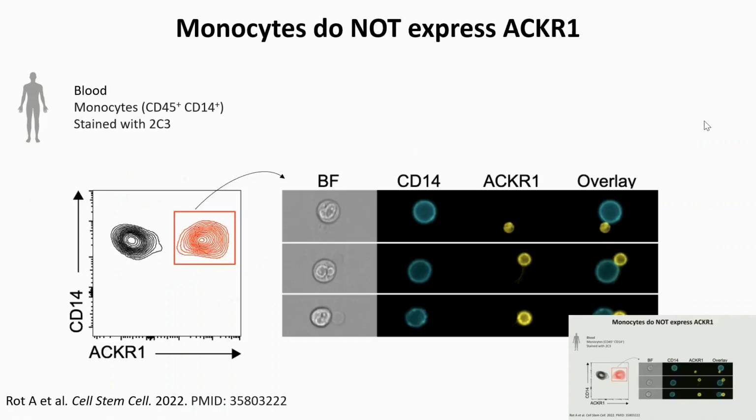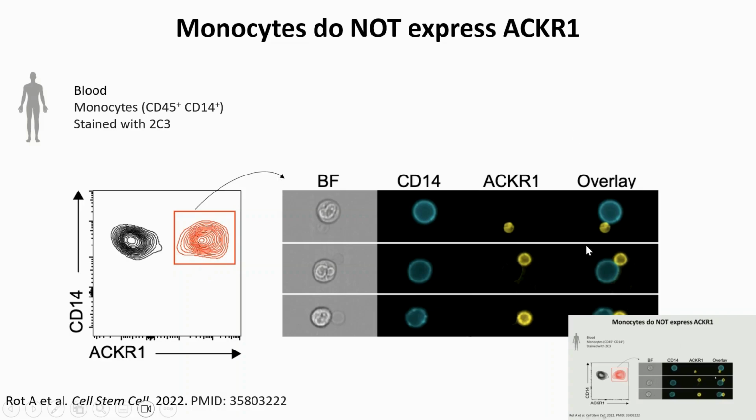And the next question was, do monocytes in human express SEKR1? So by flow cytometry, again, we identify monocytes which are CD14 positive cell, and we identify two populations. One population which do not express SEKR1, and again, a population which was positive for SEKR1. Now, you probably anticipate what we did next.